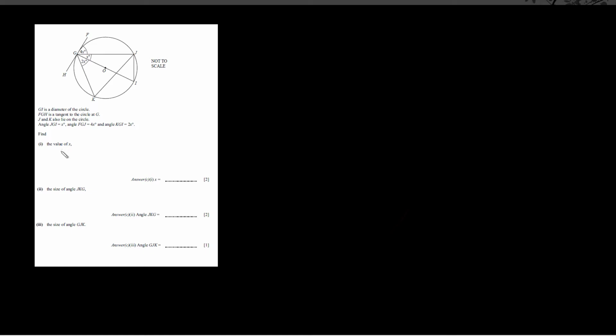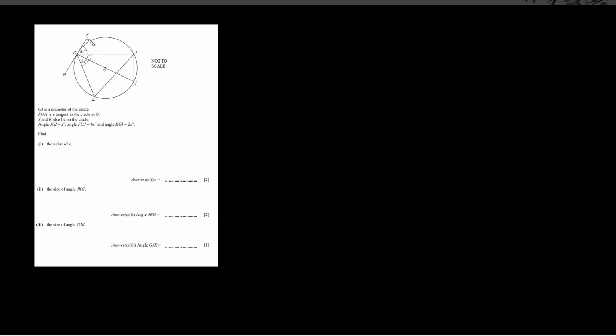Okay, now one more example question from the past years. Find the value of x. GI is the diameter of the circle, FGH is the tangent of the circle at G, J and K also lie on the circle, and angle JGI is equal to x, angle FGJ is 4x, angle KGI is 2x.